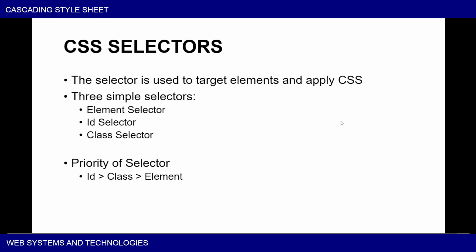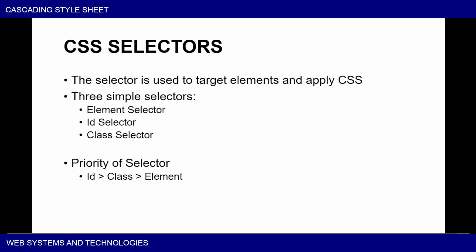Okay, so let's talk about the CSS selectors. So the selector is used to target elements and apply CSS. So there are three simple selector elements, and they are the element selector, the ID selector, and class selector.